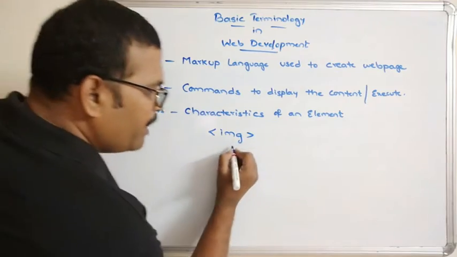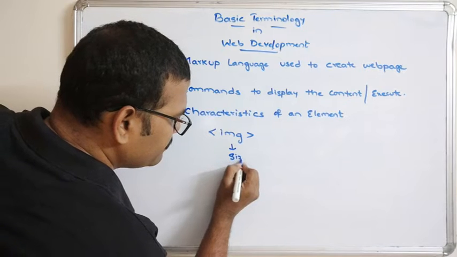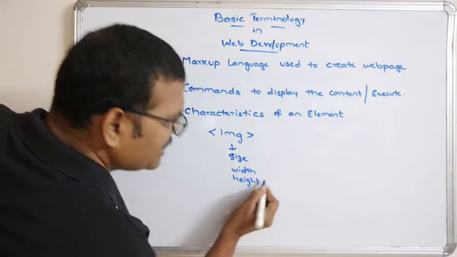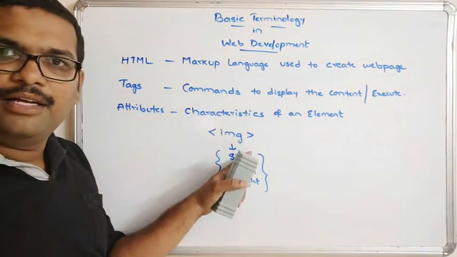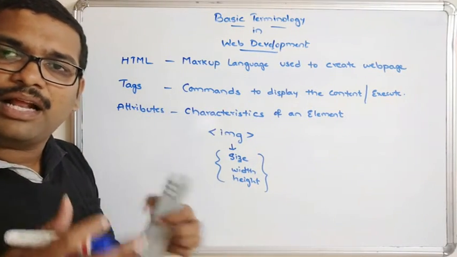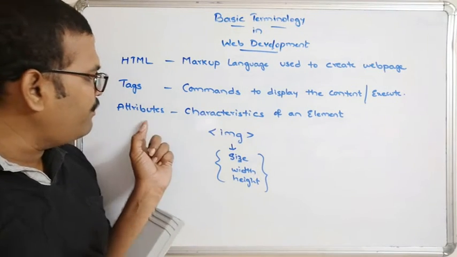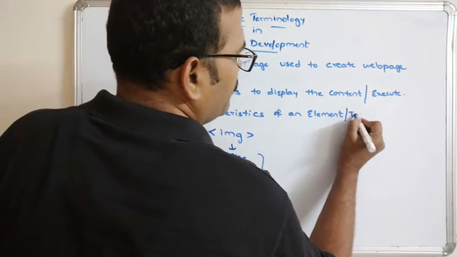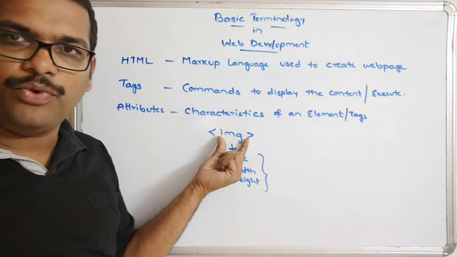This image tag will have characteristics of an image, that is nothing but a size, a width, a height, etc. All these are characteristics of the image tag. Similarly, for all the tags, there will be different attributes. In HTML, there are some default attributes, right? Attributes are nothing but the characteristics of elements or tags. Image is one tag, one element, or we can call it a tag.